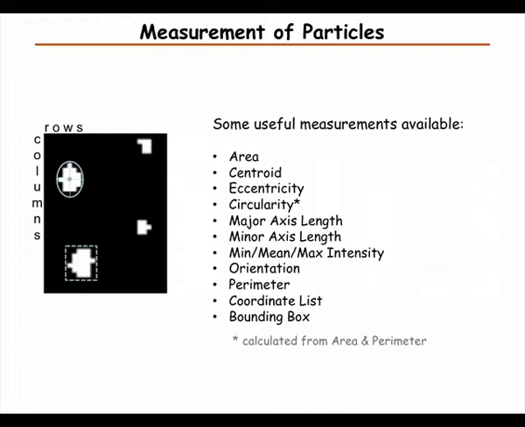We can measure their area and then look at the distribution of that area. We can measure where they're located, what's the centroid, what's their eccentricity, what's their perimeter, and all these things. After we found the objects, it's a simple function call to get all this information.